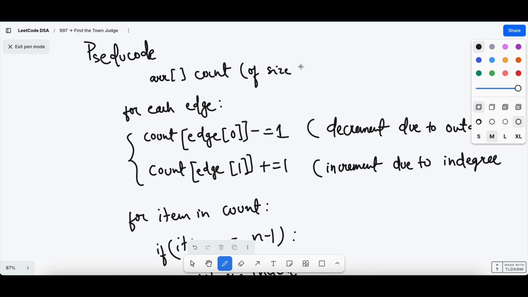Here the size of the array is n minus 1, correct?